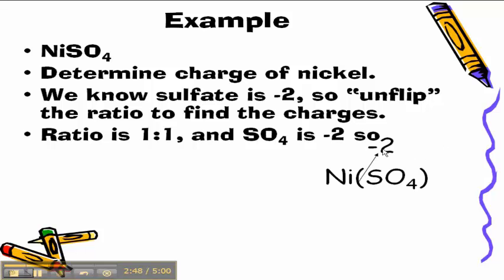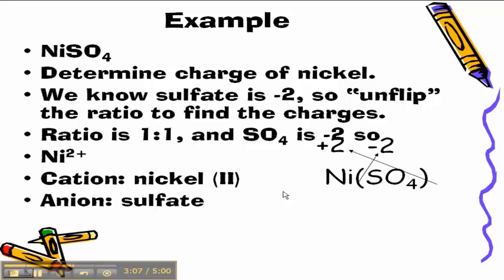Even though there's no 2 there on the nickel, it's a 1 to 1 ratio, so that tells us that our charges have to be the same. So you have to pay attention to the ratio here. If it's 1 to 1 and sulfate's -2, that means nickel also has to be +2. So we name our compound nickel(II) sulfate.